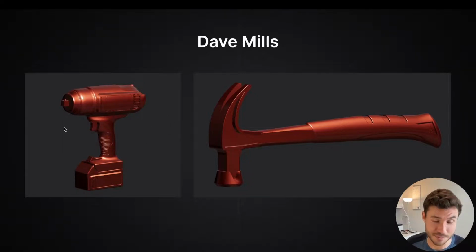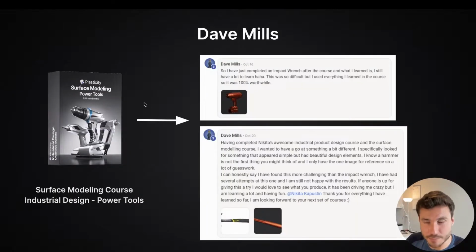So here at the left, he created his own power drill, which is very different, but he learned so much doing that, I'm sure. And then he created this hammer or something, however that's called. And look at this beautiful form. Again, he implements the learning and does something on his own, right? And you see, this is what my courses are about.